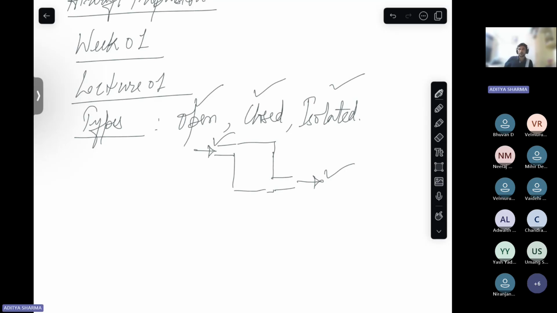Then is isolated system. So what is an isolated system? An isolated system is where there is no interaction with your surrounding of any kind, in terms of energy, in terms of matter, there is no interaction. That is basically your isolated system, right?